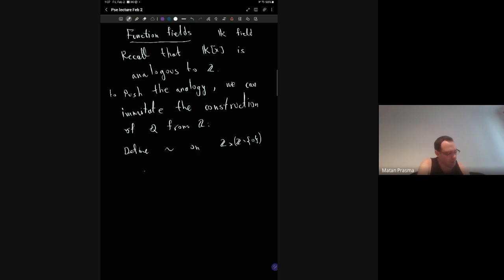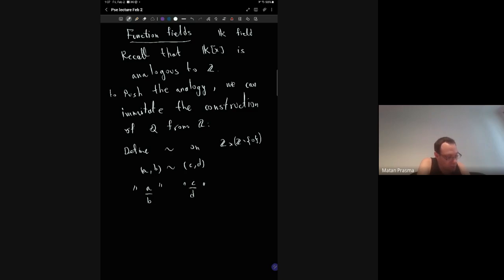And we say that (a,b) is equivalent to (c,d), and this (a,b) represents the equivalence class of (a,b), which we want to think of as a divided by b, and this, of course, would be c divided by d.